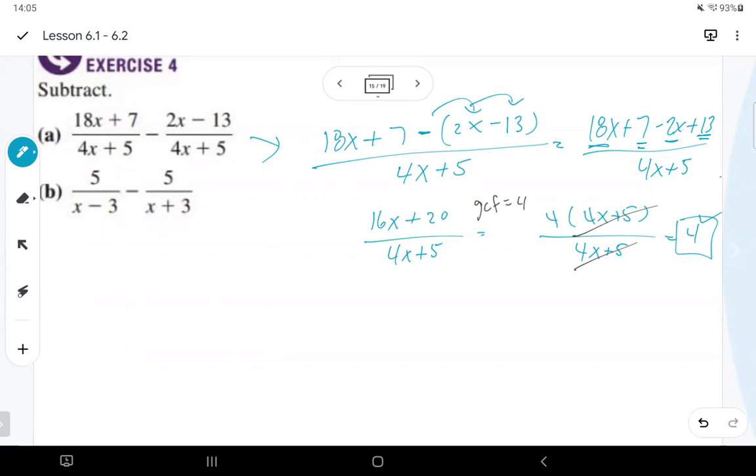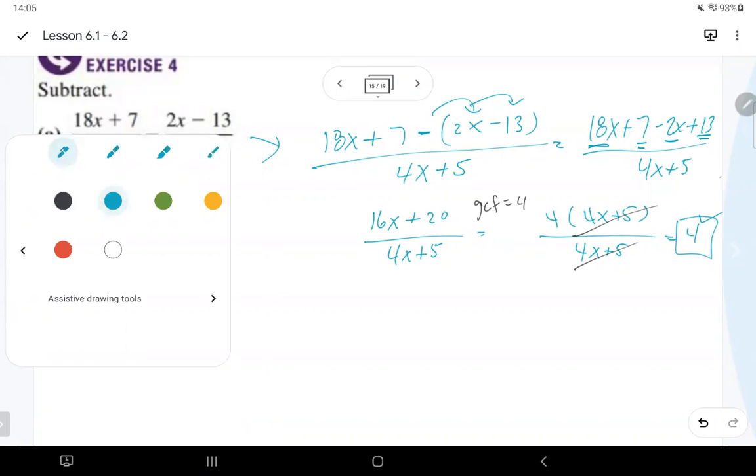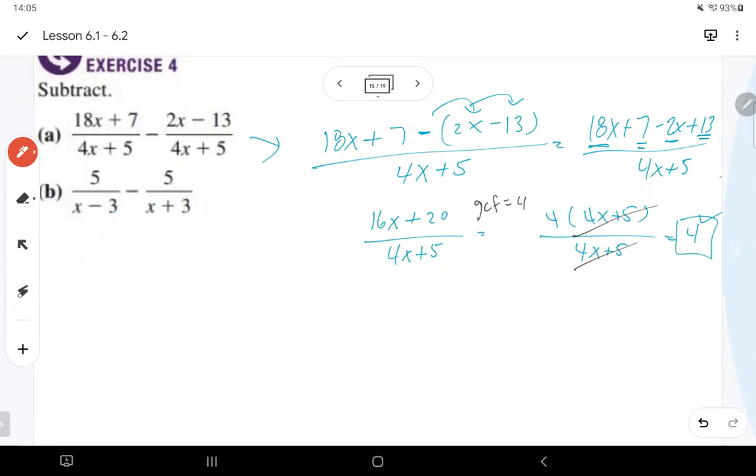Now B is a little different. For B, you have to find your LCD. So the denominators are x minus 3 and x plus 3. You don't have anything else, so those actually are your least common denominator.